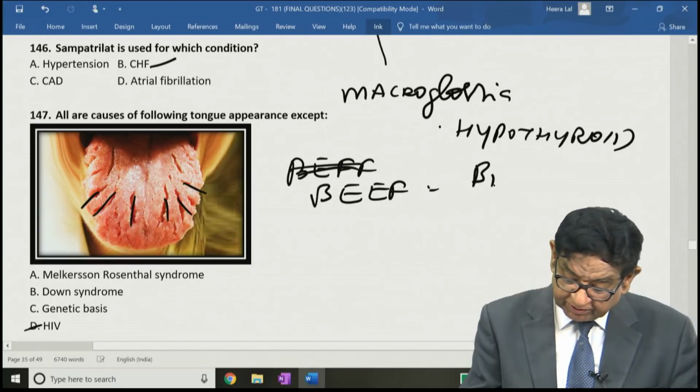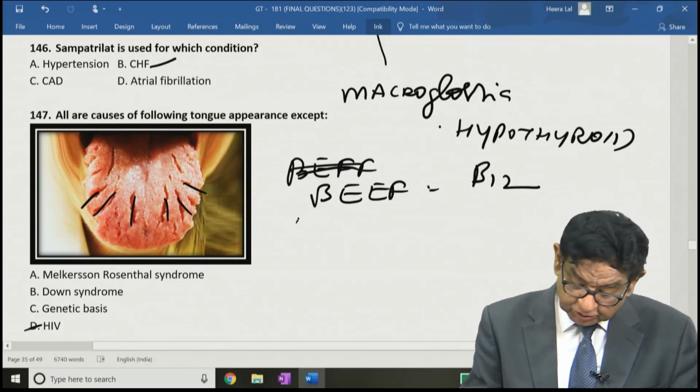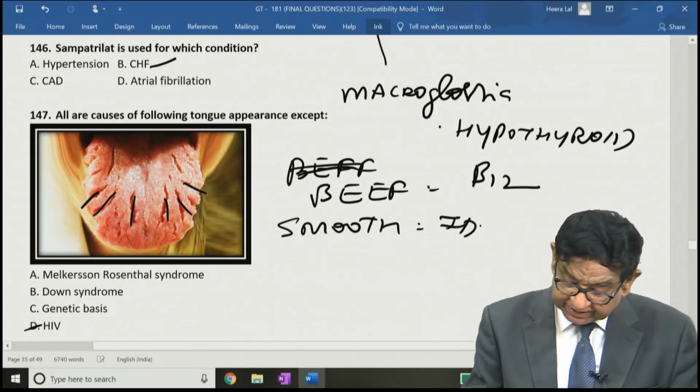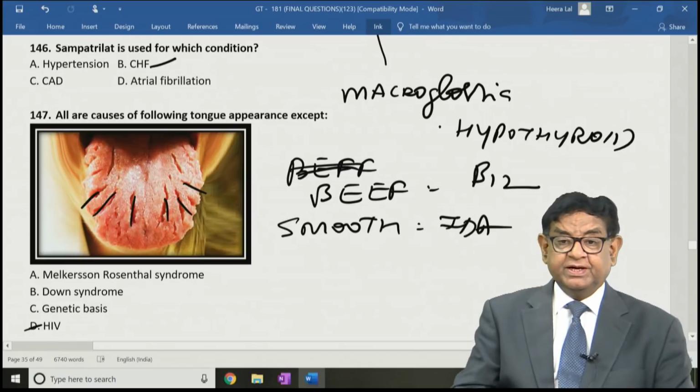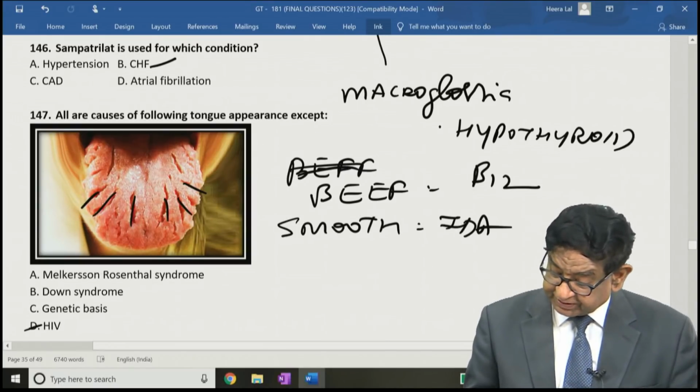This we see in B12 deficiency. Okay. Then smooth tongue in iron deficiency anemia. And now comes the rank number 1 question, very frequently asked question.